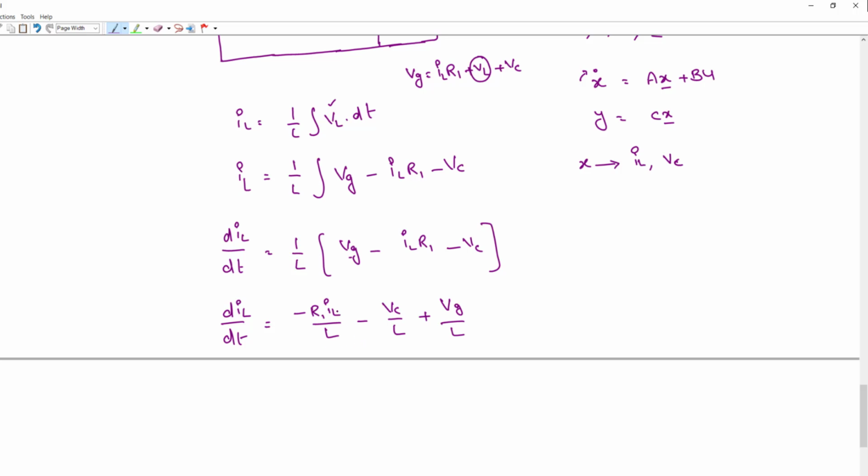These parameters are in IL and VC form, and it also has Vg as input.